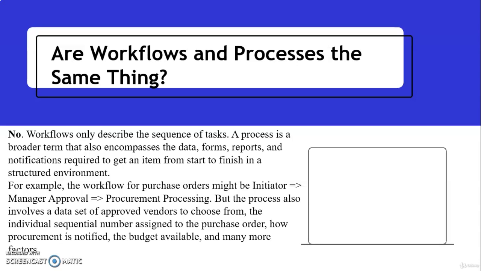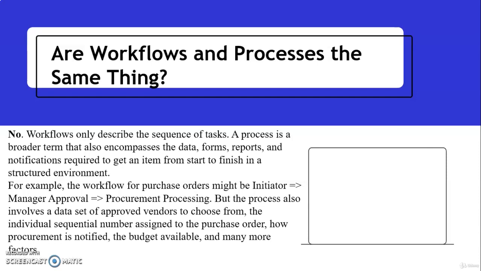In layman's terms, a workflow describes the sequence, whereas a process also includes the type of data you are taking, the form in which you are taking the data, how the reports come from the data, and the notifications generated by the data. A process usually also considers the starting as well as the endpoint, whereas workflows don't usually consider that, except the case workflow.